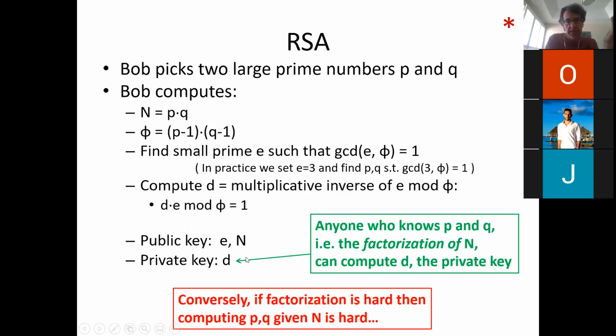When people talk about RSA security, they say, okay, factoring has to be hard. And why is that? Because N is the public key, modulus N, right? So if the factoring problem was easy, if it was possible to quickly factorize N, then you would get these two primes, P and Q. The person who factorizes gets the P and Q. And if they get P and Q, then they can compute phi, which is P minus 1 times Q minus 1.